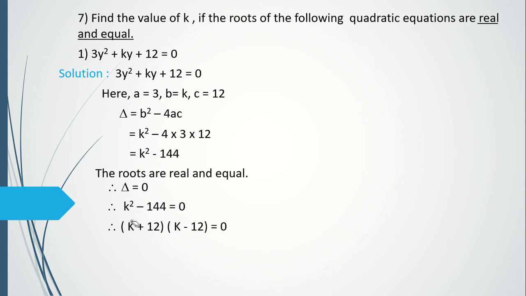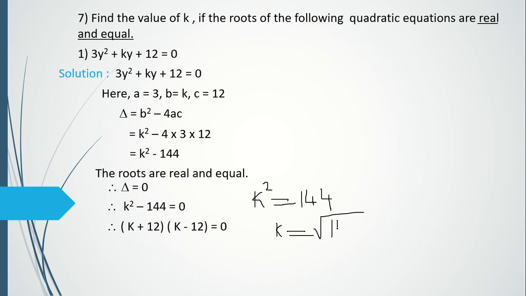Now, this directly also you could do. Take 144 that side. So you get k square is equal to 144. Therefore k is equal to, take root of 144. So this is one way I have shown. The other way of doing it could be this also: k square is equal to 144, therefore k is equal to root 144.